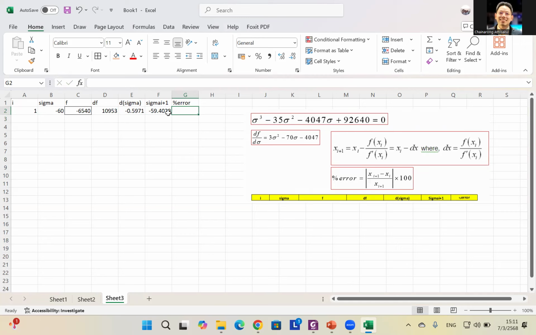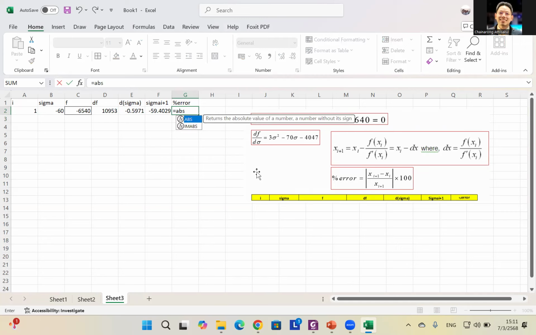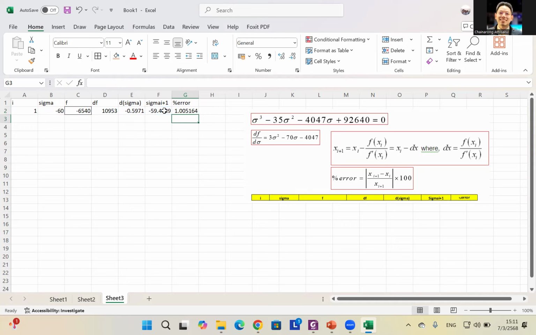We have the new value already. This one minus this one, divided by the new one, the updated value, multiplied by 100. Okay, here, right?